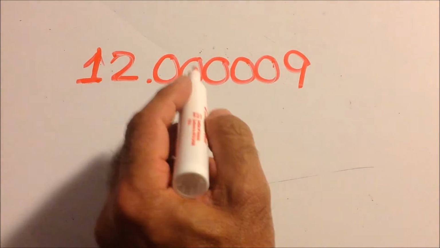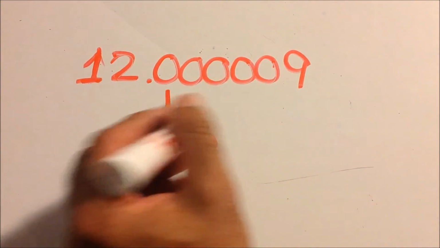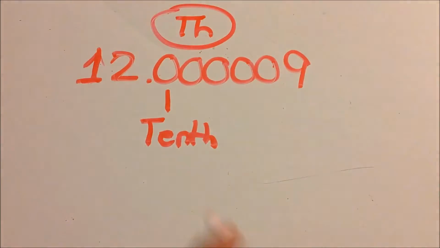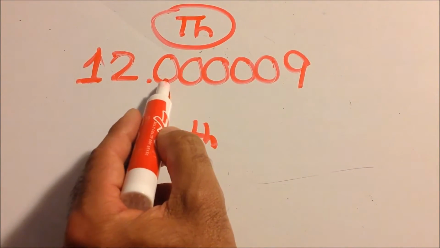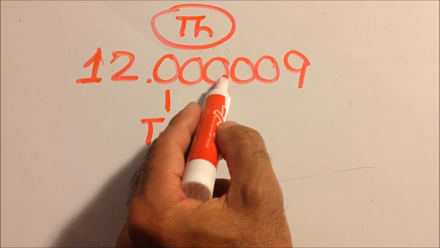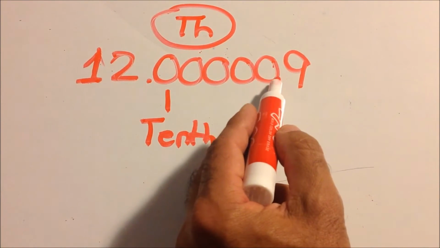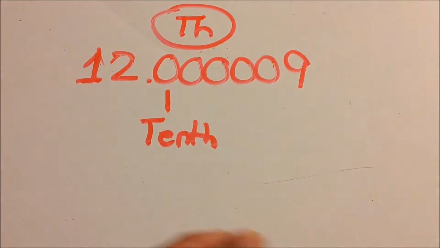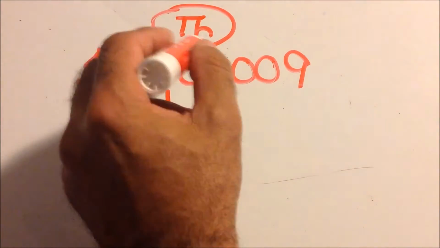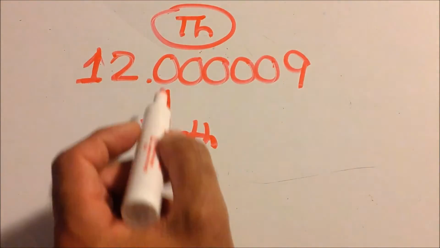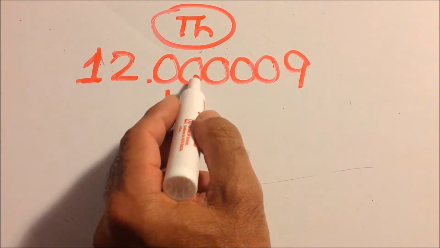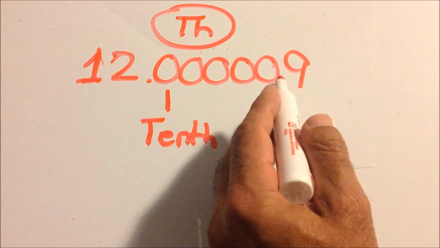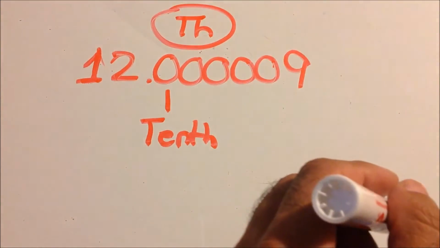So it goes tenths, hundredths, thousandths, all with TH. Remember the TH at the end. Again, tenths, hundredths, thousandths, ten-thousandths, hundred-thousandths, and then we go into millionths, right? One more time. All you have to do is practice this and you'll get it. So again, tenths, hundredths, thousandths, ten-thousandths, hundred-thousandths, millionths.